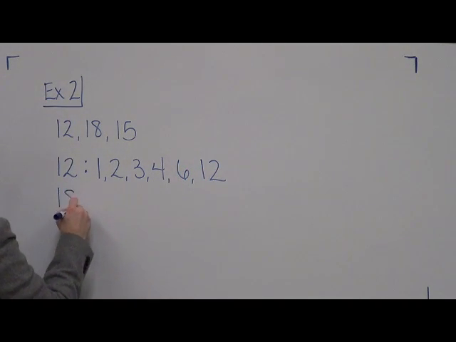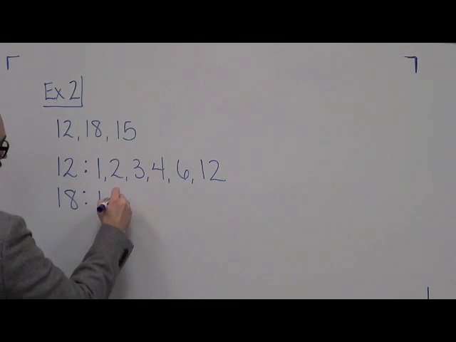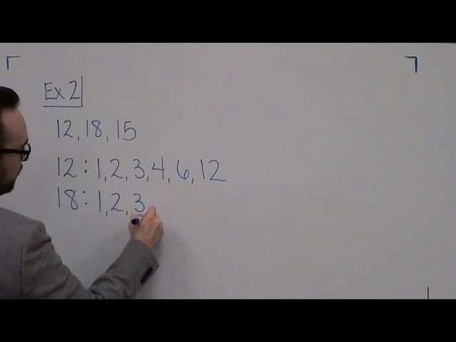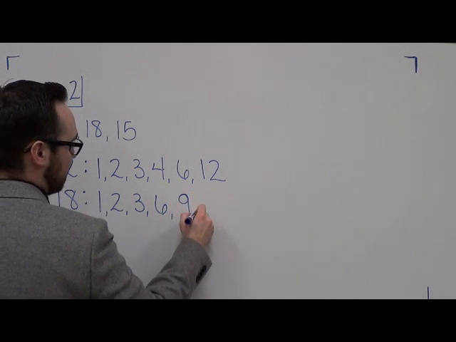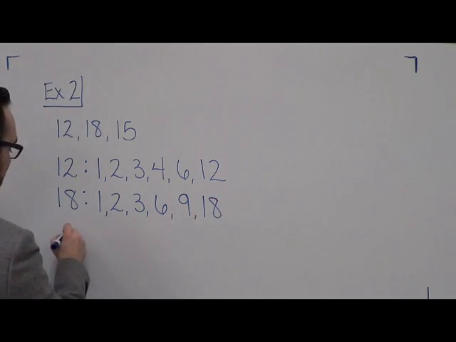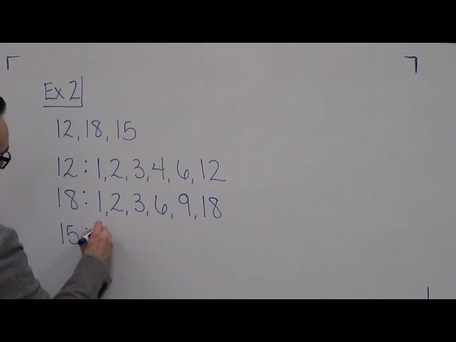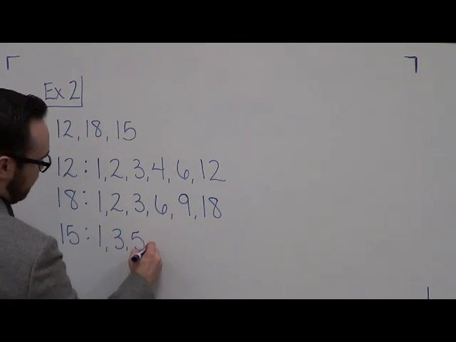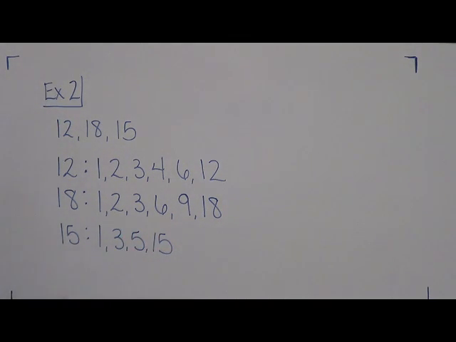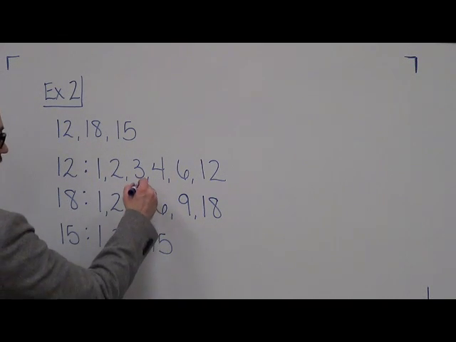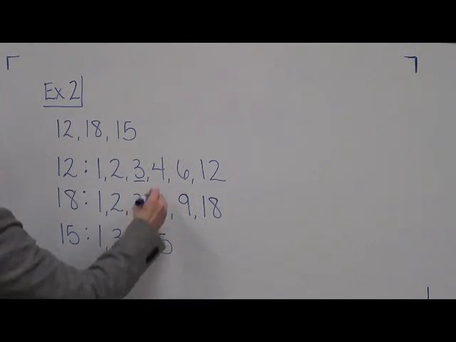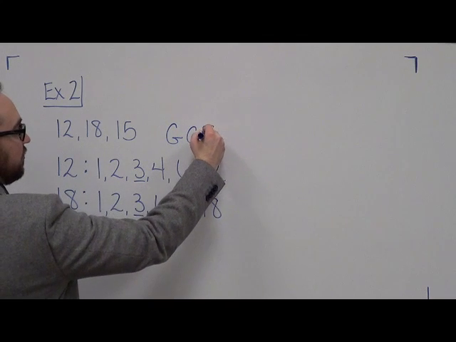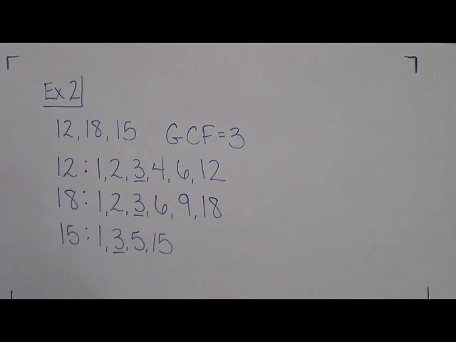These are easier to find. You should know what these are divisible by. For 18, this is 1, 2, 3, 6, 9, and 18. And then 15 is divisible by 1, 3, 5, and 15. Now we need numbers that are in all three. The only one that occurs in all three is 3. So the GCF of 12, 18, and 15 is 3.